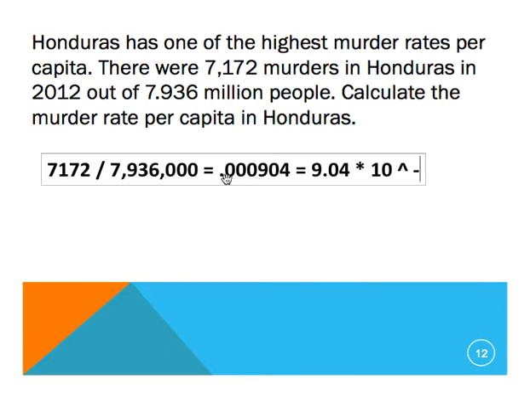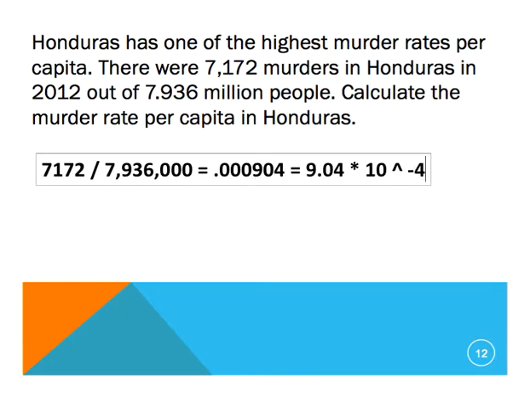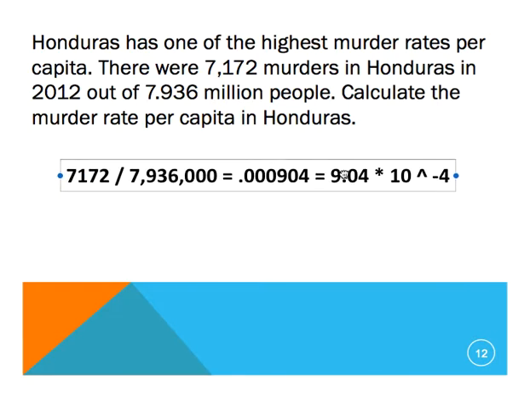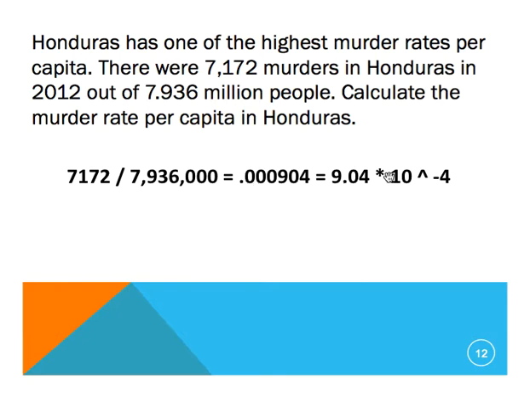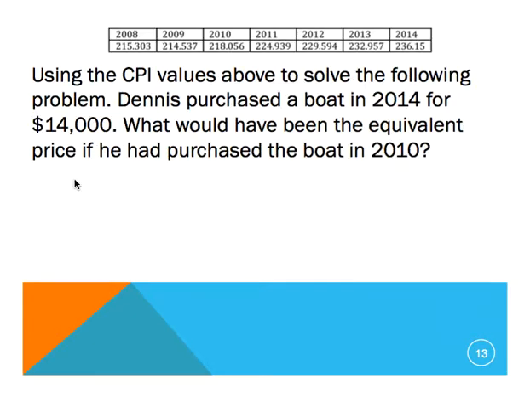If I count the spots that I move, it would be 1, 2, 3, 4, so it would be 10 to the negative fourth power. The two answers are equivalent, but they're in different forms. Make sure you pay attention to whether you're asked for standard notation, which is the first form, or scientific notation, which is the times 10 to some power.